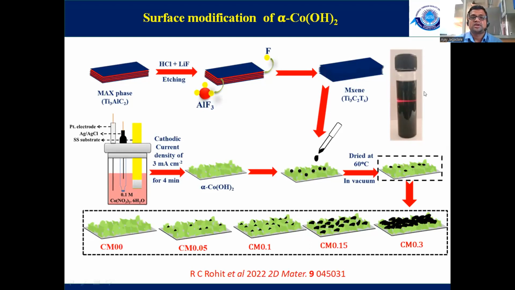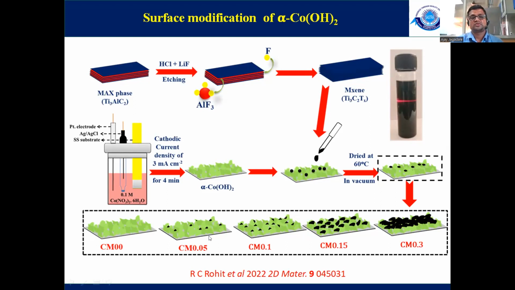Once we get MXene, we get it in the form of ink, and we used this ink to surface modify the alpha cobalt hydroxide. Alpha cobalt hydroxide was prepared using the electroporation method, and this modification is made over here.